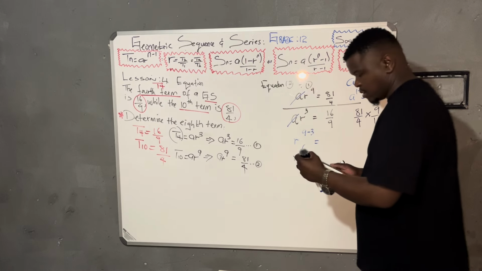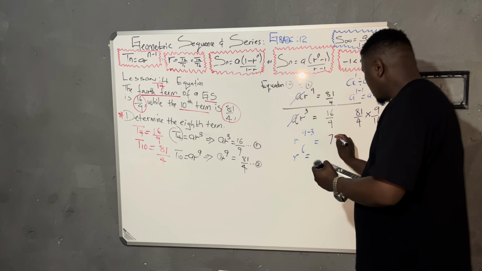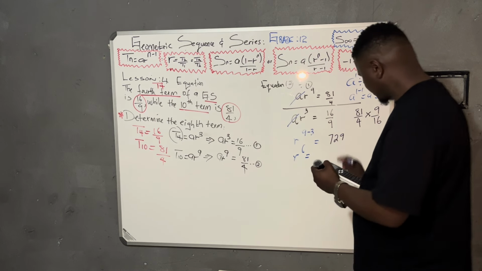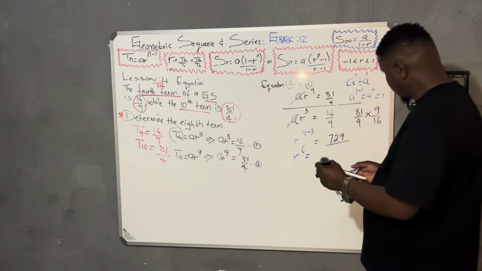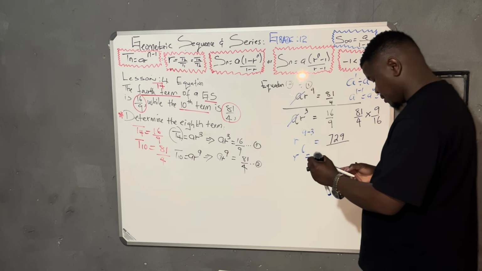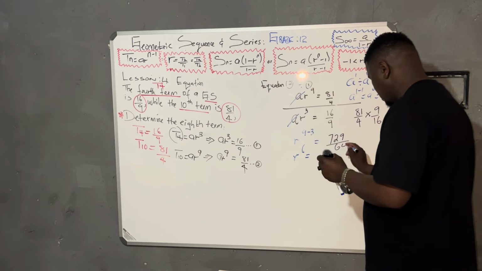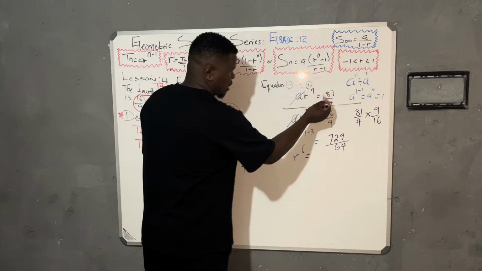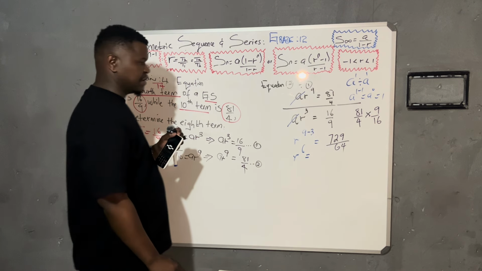Imagine this video reaches 1 million views with the wrong answer. I cannot afford that. So this is for accuracy reasons. Yes, so that means working out the whole thing here, it becomes 729 over 16.